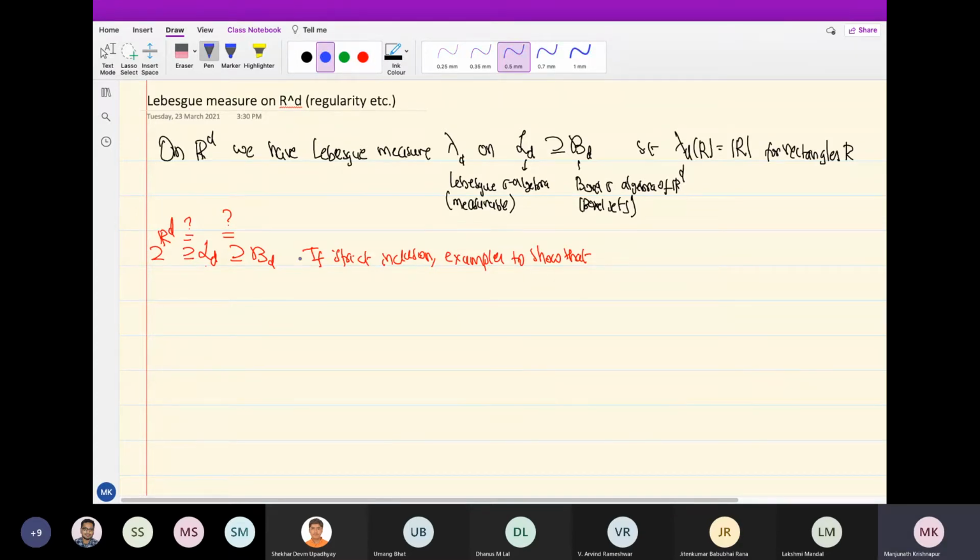And what is the relationship between them? More generally, what is the relationship, how significant is the difference between them? I am phrasing this question in a certain way because I know the answer.